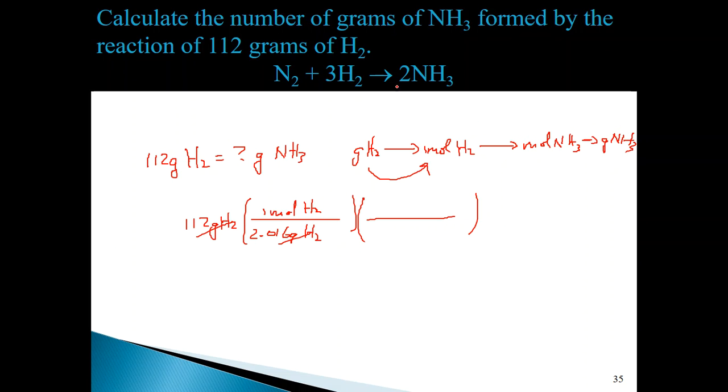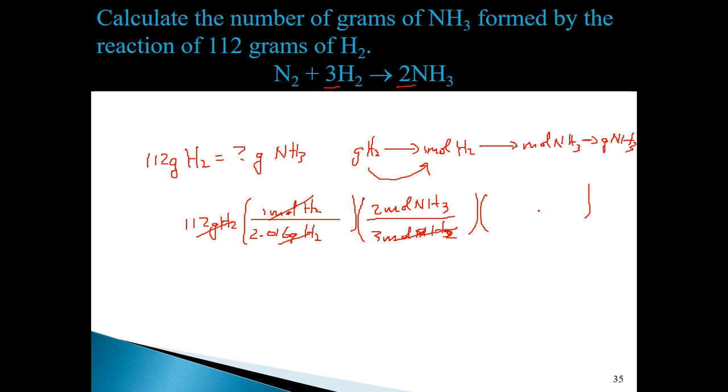You're going to be using the coefficients to establish that conversion factor. And up top, as a numerator, you're going to have 2 moles of NH3. Down below, as a denominator, you're going to have 3 moles of H2, my bad, this should be H2 here. So the moles of H2 will go there and there.